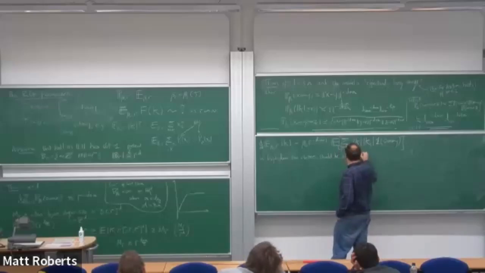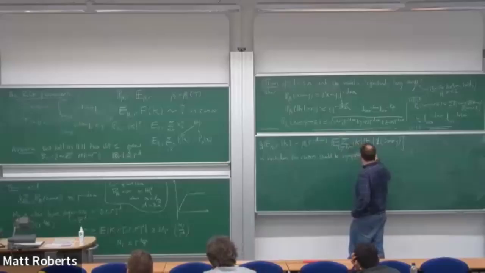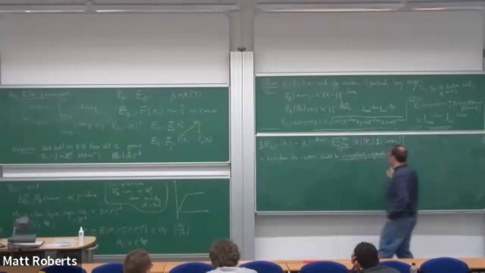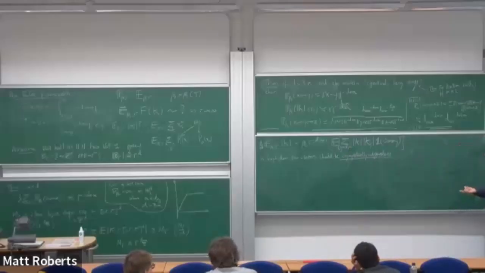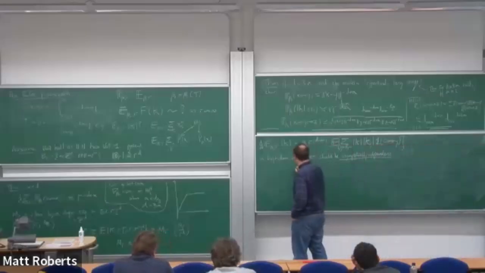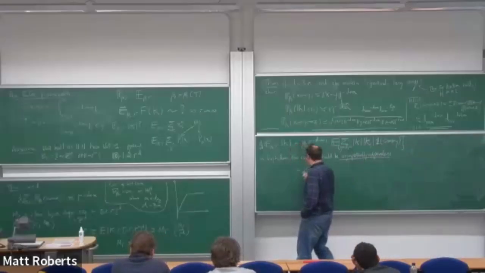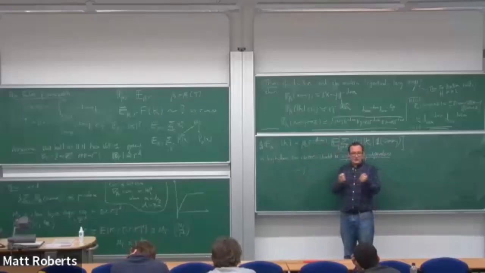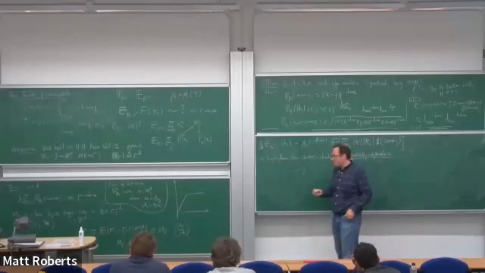By which I mean that you should be able to factor this to first order, right? If I take the ratio of the 2 sides, it converges to 1.